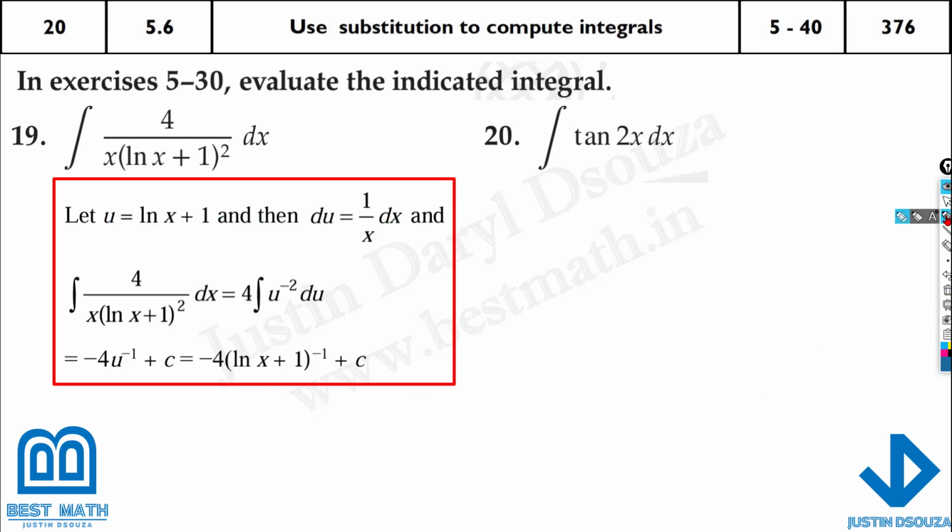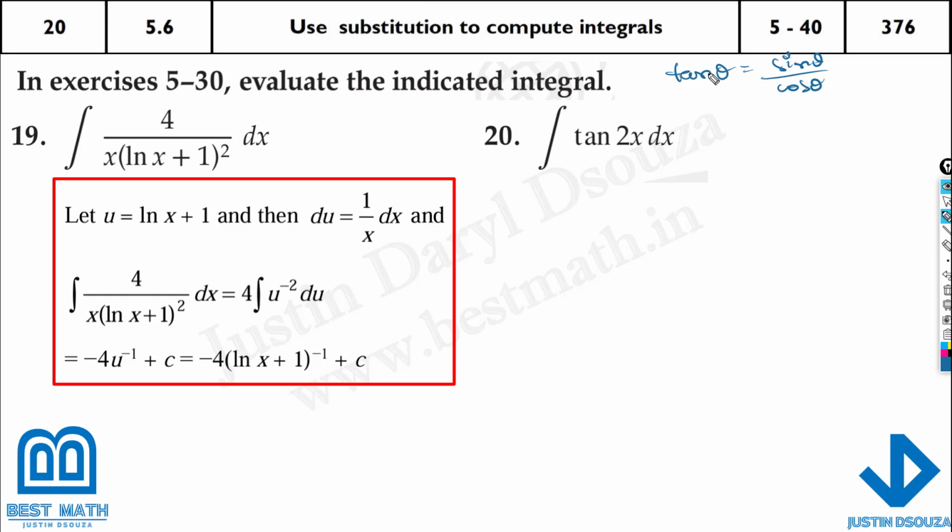The next problem here, we have tan 2x. Now there is no way you can use tan x. There's no rule to integrate tan x. But we can integrate sine divided by cosine, because tan theta is equal to sine theta divided by cosine theta, right? I'm just going to substitute that.